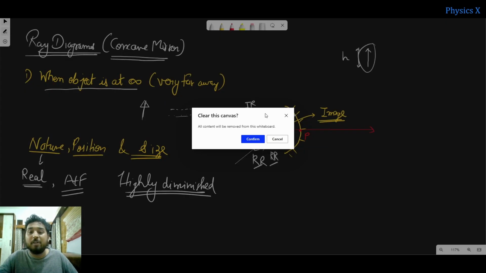Now let us bring the object a little bit closer, somewhat nearer than the infinity case. Let us now consider the object to be placed beyond C. Suppose this is your pole point, and obviously the focus and center of curvature. Now the object is pretty much visible, and the object is placed at this point.